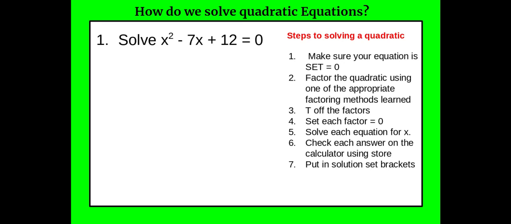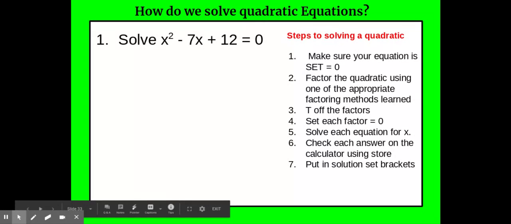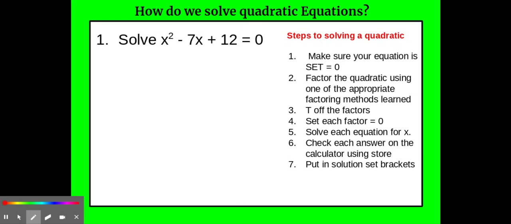So first we're going to start factoring. We know this is a trinomial, so we multiply the 1 and the 12, and we get +12.